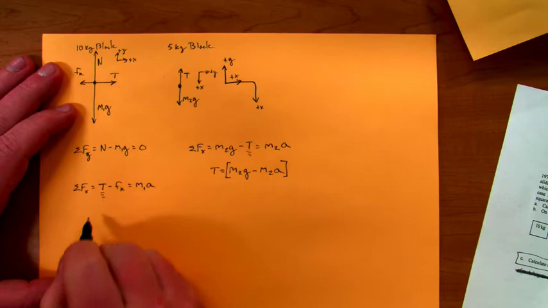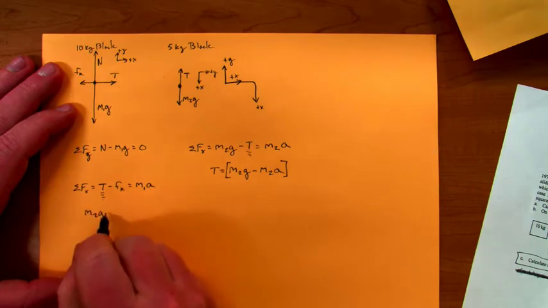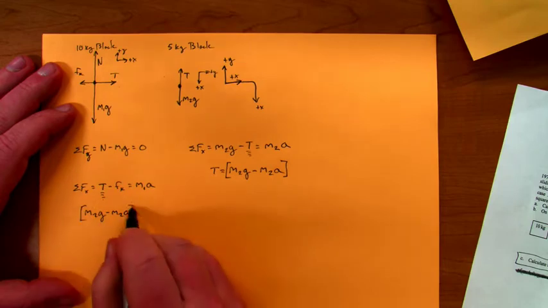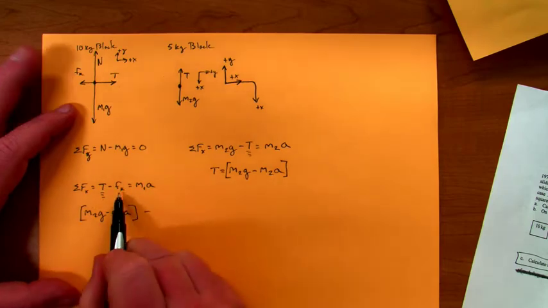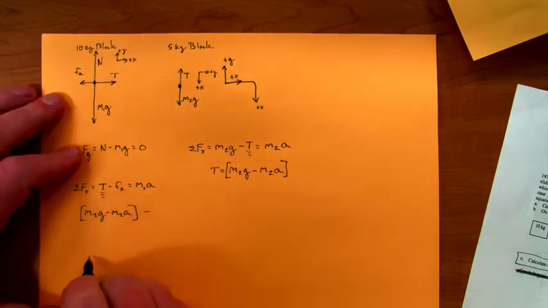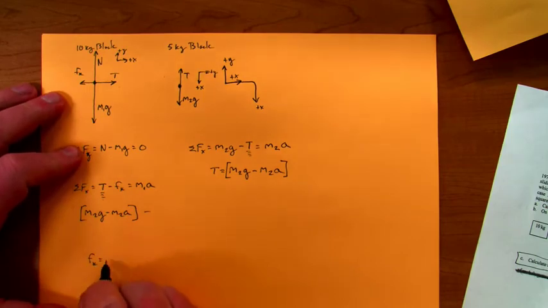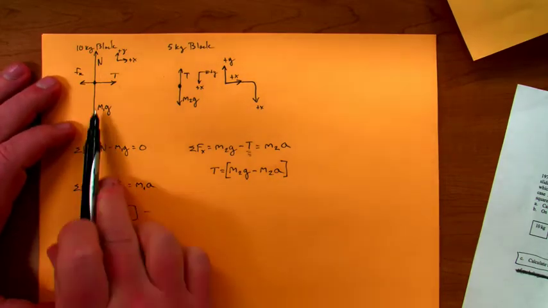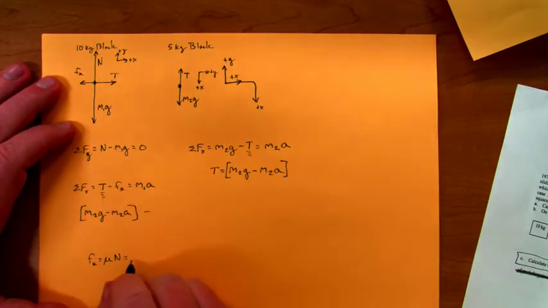So T, which is M2G minus M2A, minus friction. And remember from the previous problem that kinetic friction is the coefficient of friction times the normal force, and in this case the normal force is equal to the weight. So I can write that as the coefficient of friction times M1G.